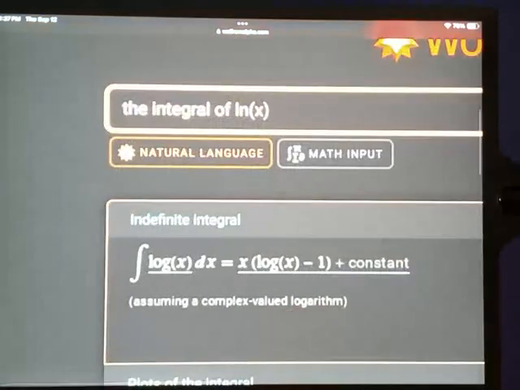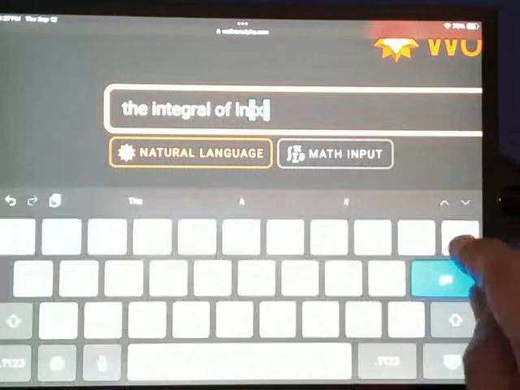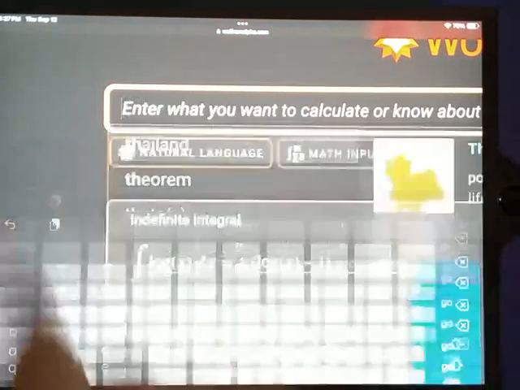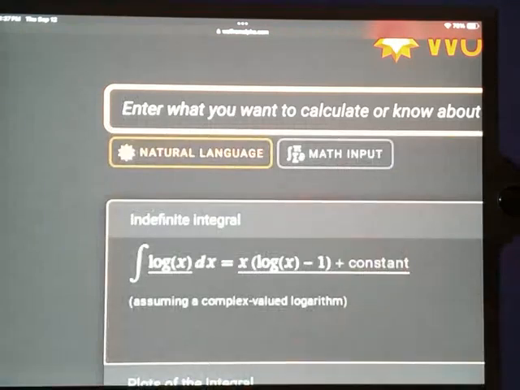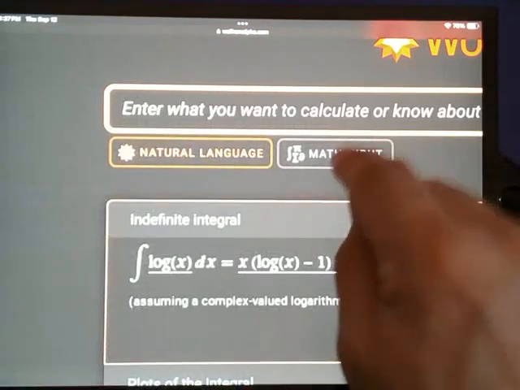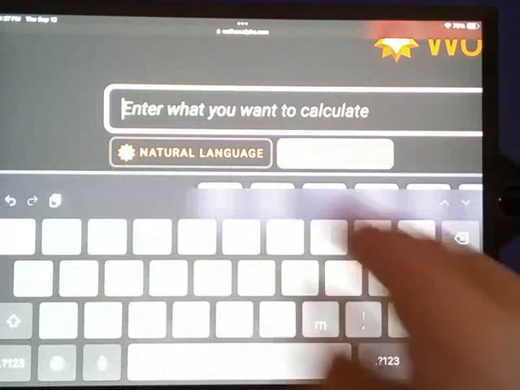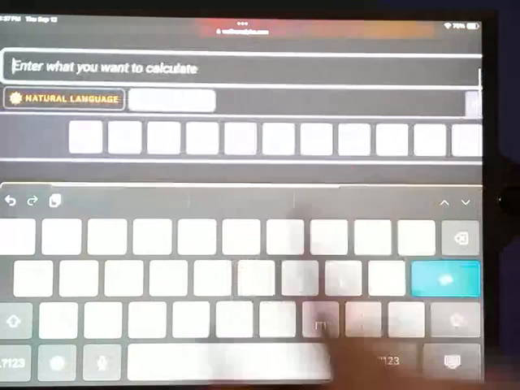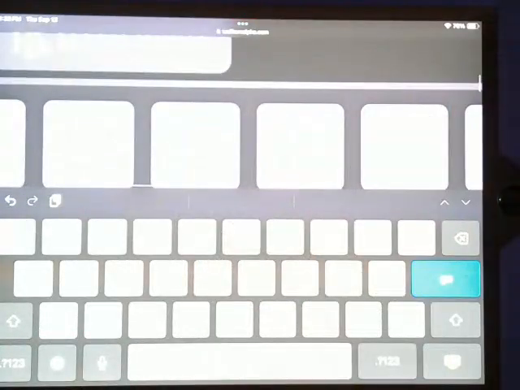But if I wanted to write something more complicated, I could use this math input keyboard. And then all sorts of interesting symbols come up. My contrast is wrong.